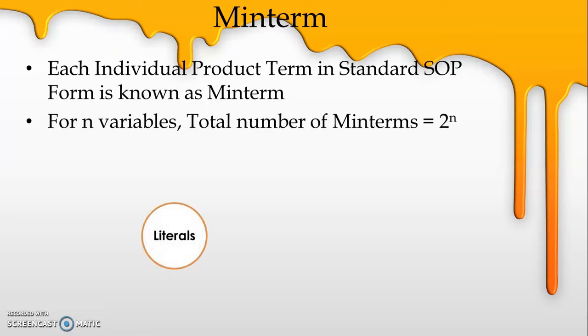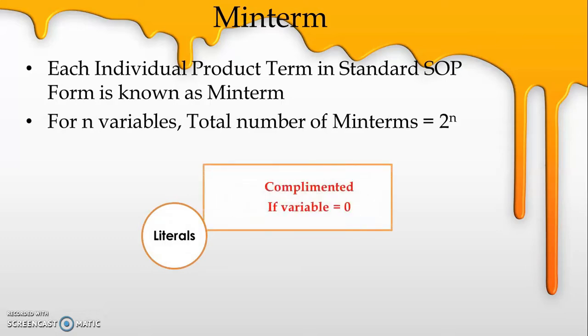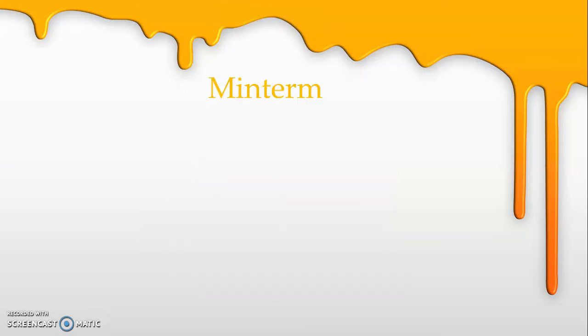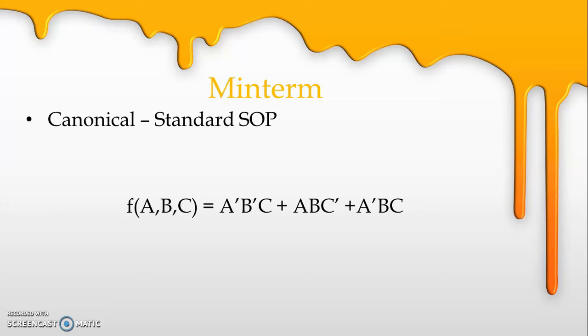In product term, we have literals. It can be complemented if variable is 0. It can be uncomplemented if variable is 1. Suppose we take one canonical form of the SOP, that is sum of product, for function f of ABC equal to a bar, b bar, c plus a, b, c bar plus a bar, b, c.